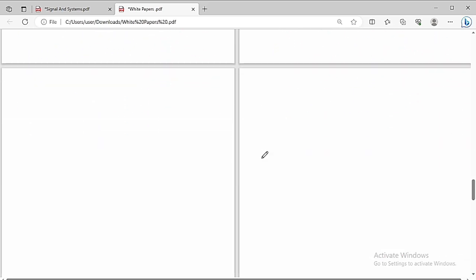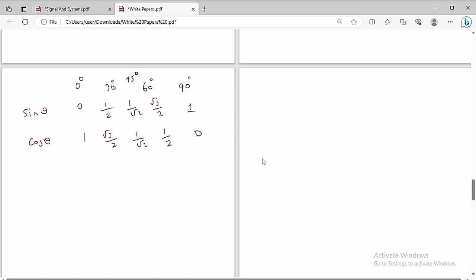Theta, sin theta, cos theta. And this is only for 0 degree, 30 degree, 45 degree, 60 degree, and 90 degree. Sin: 0, 1 by 2, 1 by root 2, root 3 by 2, and 1. Cos: 1, root 3 by 2, 1 by root 2, 1 by 2, and 0.